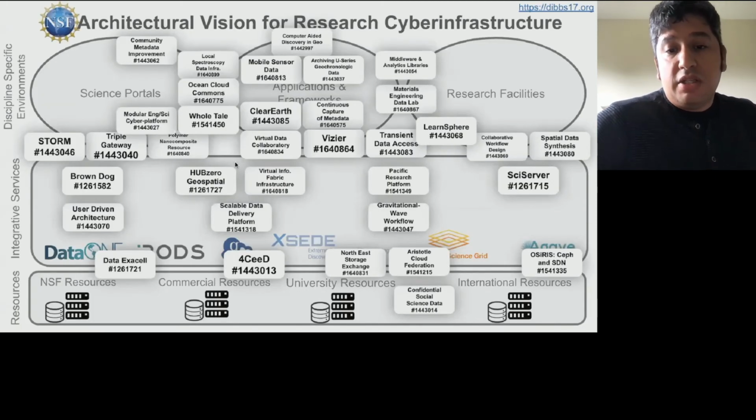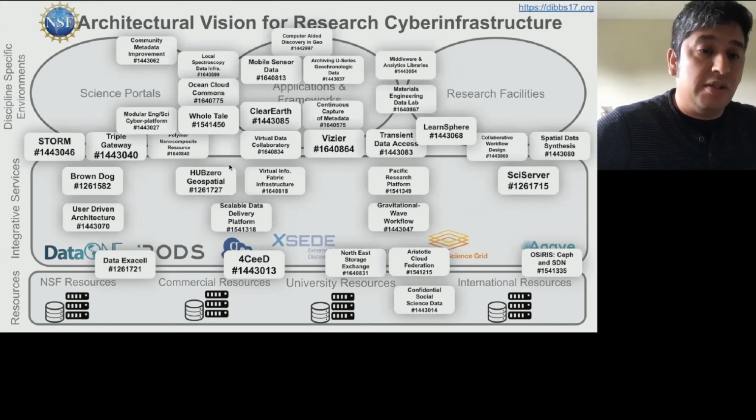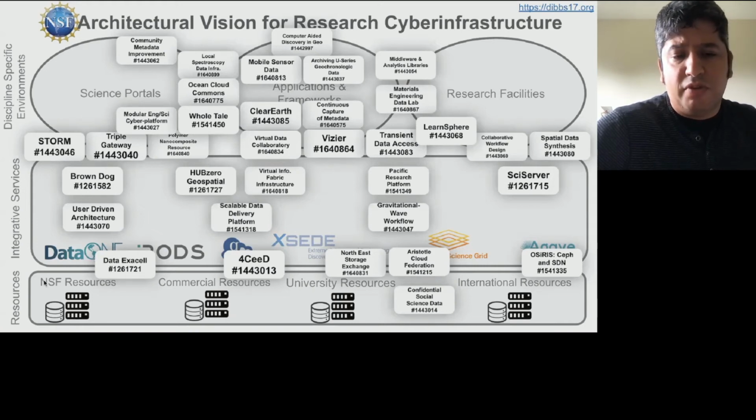So for those unfamiliar, NSF has this portfolio of investments that it's done with regards to scientific data support, the cyber infrastructure around software and data. Started with the DIBS efforts some years back, and now the CSSIs. And they support a spectrum of things on top of the raw resources that you find within commercial applications with NSF resources like Exceed.